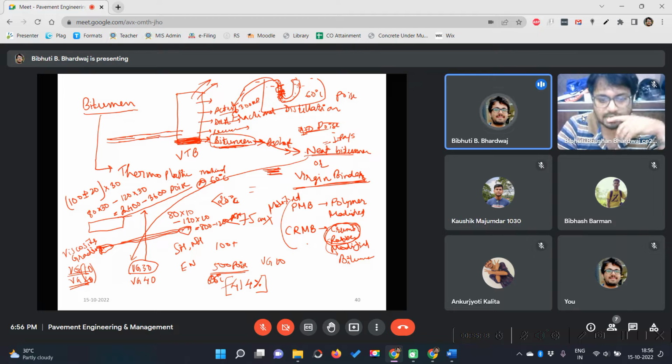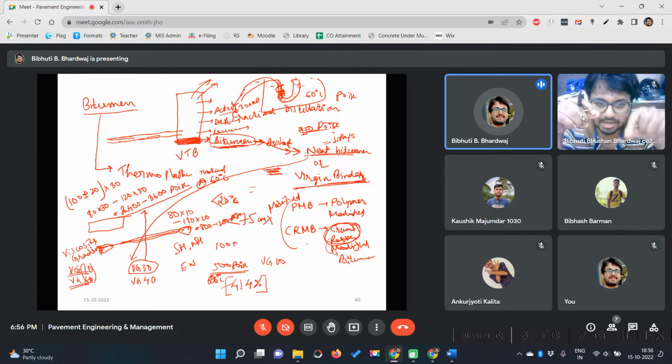So what is done? I think Kaushik mentioned one term, oxidized bitumen. You blow hot air into the bitumen. When you blow hot air, the evaporable portion of the bitumen gets evaporated, and the remaining portion will give some brittleness and it will be hard.